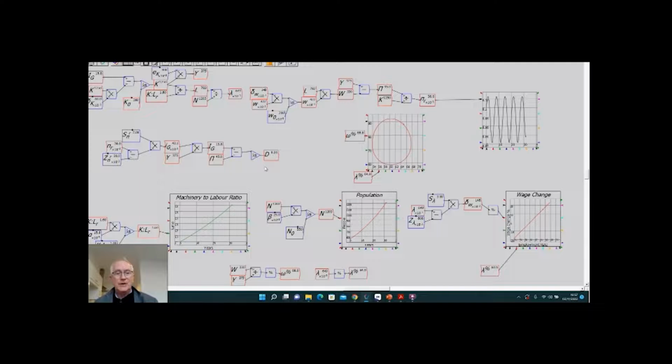Integrate it, you get the debt level. Let's now divide the debt level by GDP and put that through a percentage operator, after we do the division. And that's now the debt ratio as a percent of GDP.